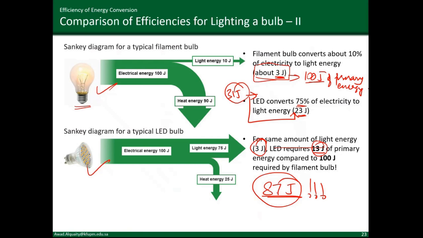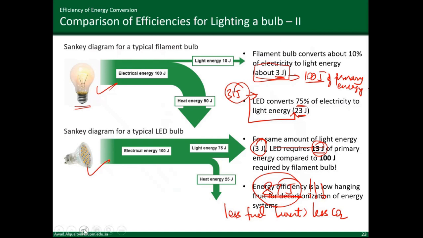Going from 100 joules of energy to 13 joules of energy, this 87% reduction in the energy requirement for the primary fuel means that you're extracting less crude oil and burning less crude oil, which means less fuel burnt and less CO2 emissions. So this is obviously one of the easiest ways of reducing CO2 emissions: just move to high energy efficiency devices, right?